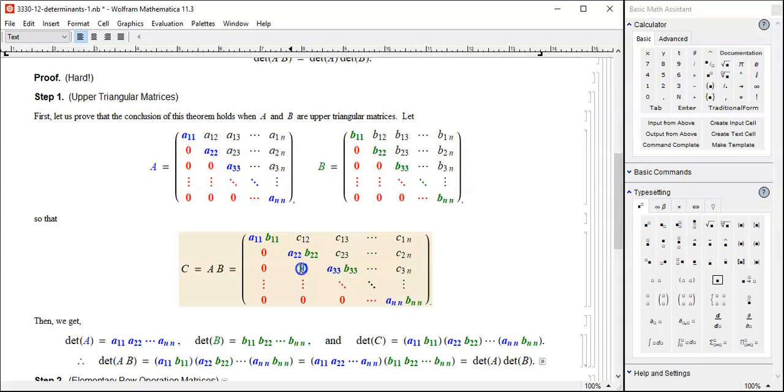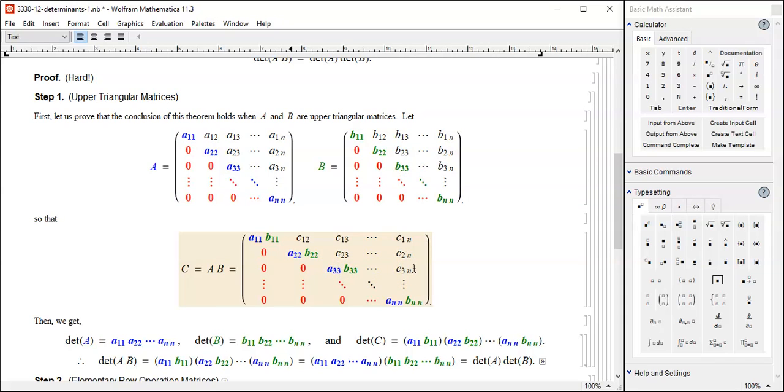So what do you get? 0 again. You see the pattern? Third row, third column. These two non-zeros are killed by these zeros, and all these non-zeros are killed by these zeros. What do we have? Just A33 times B33. And then I may have something.